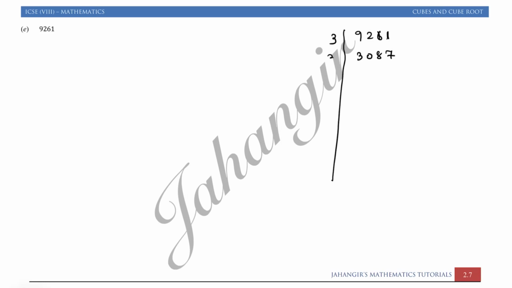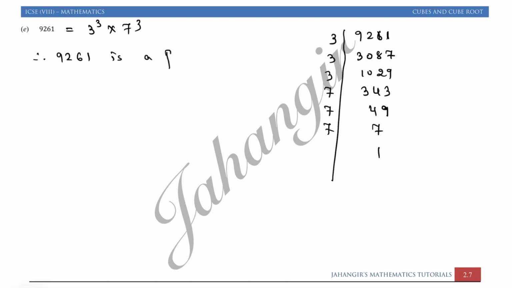We can again use 3, 1 0 2 9, 3 343. 343 is a cube of 7. So once you know cube, it will become very easy for you to predict. So 9261 is 3 cube into 7 cube. So we can say therefore 9261 is a perfect cube.